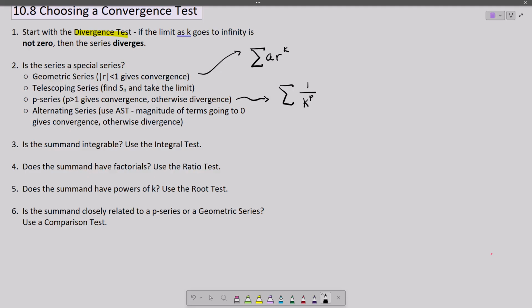So here you're in the numerator, r less than 1, you have convergence. Here you're in the denominator, p greater than 1 gives convergence. So these are the two that are very easy to mix up. Don't do it. Alternating series, if you see a switch, -1 to the k, -1 to the k plus 1, alternating series, go with the alternating series test.